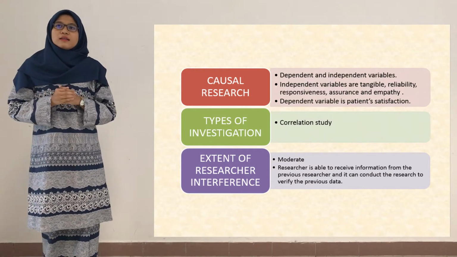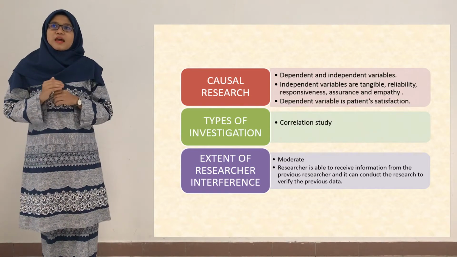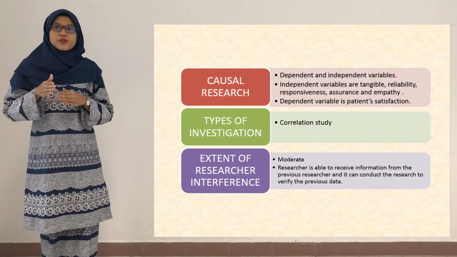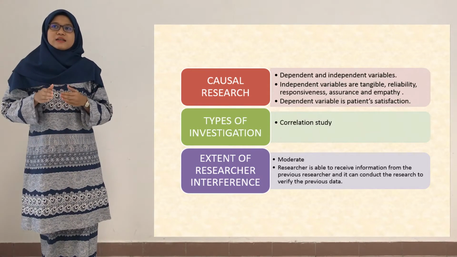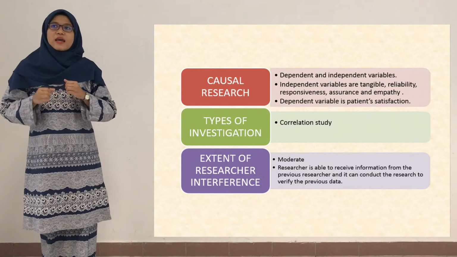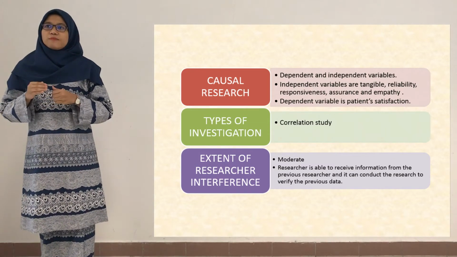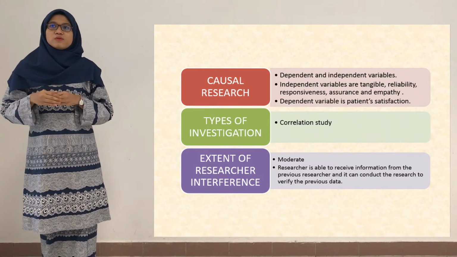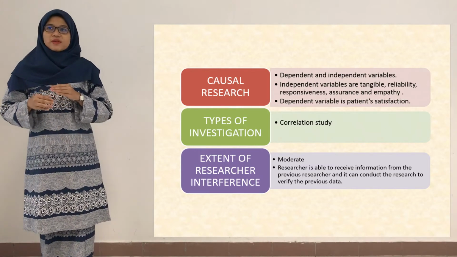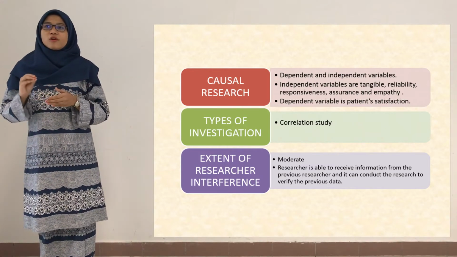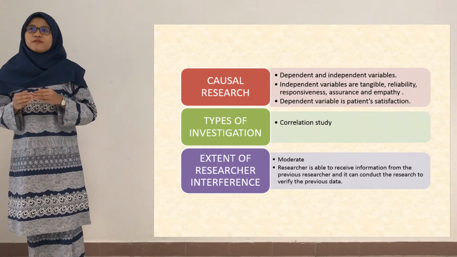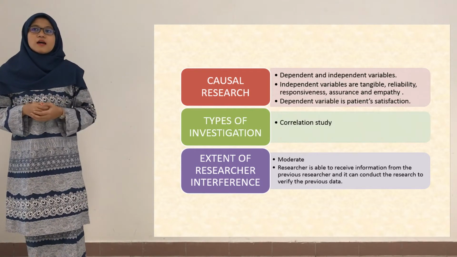Alright, the next is the extent of researcher interference. In this study, the researcher used moderate as the extent of researcher interference. It is because the researcher is able to receive information from the previous researcher and can verify the previous data.